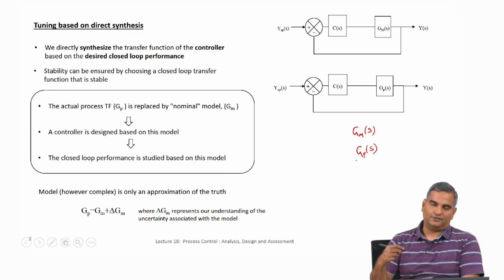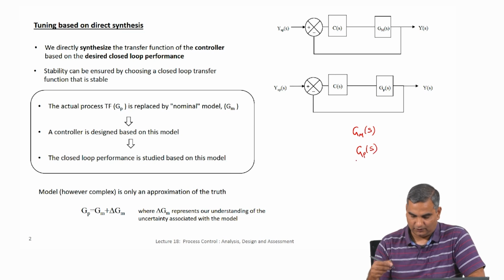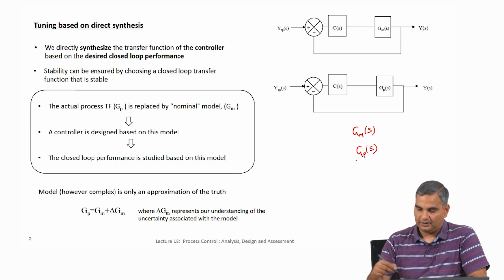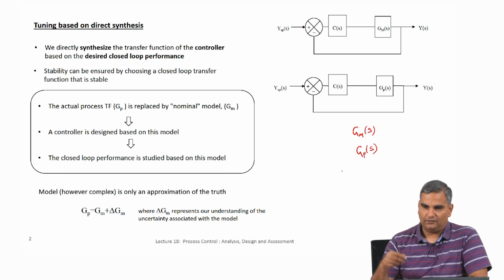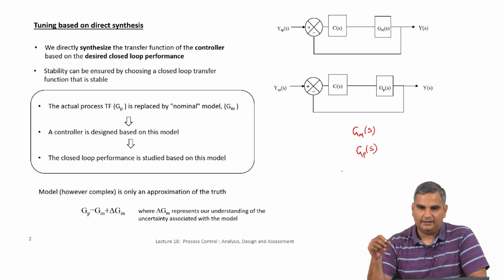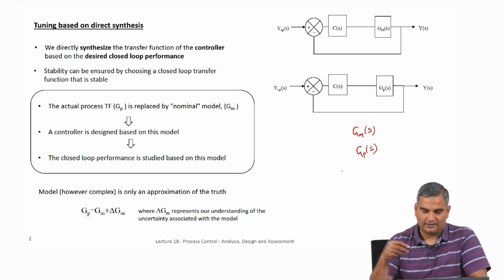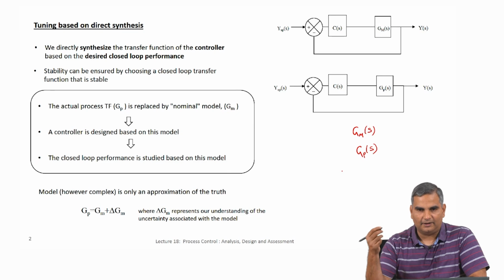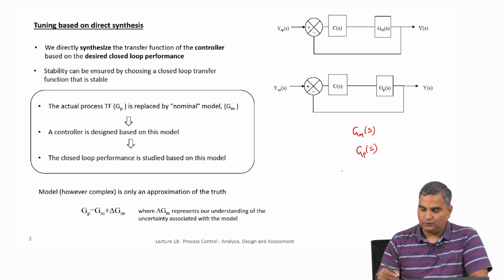The process transfer function, in some sense you can think of as the true process, whatever that might be, and whatever we use as a model, whether it is first principles and linearized, or first principles without linearization, or just testing and building a model based on data, all of those are trying to approximate this process, but they are not exactly the process.